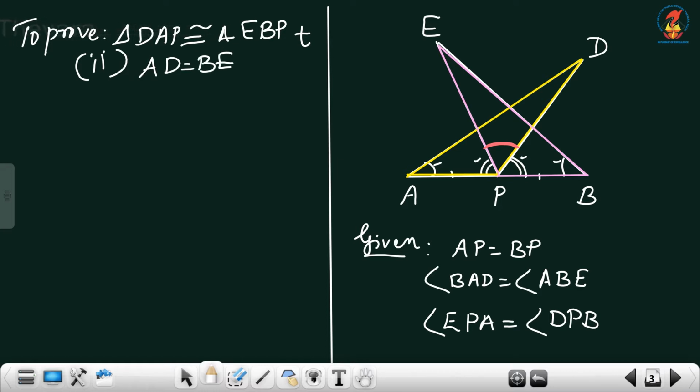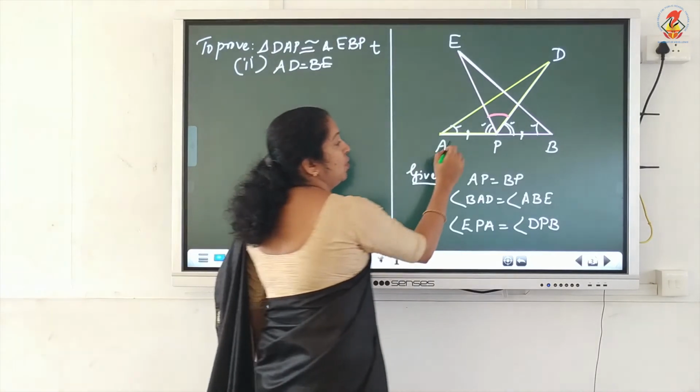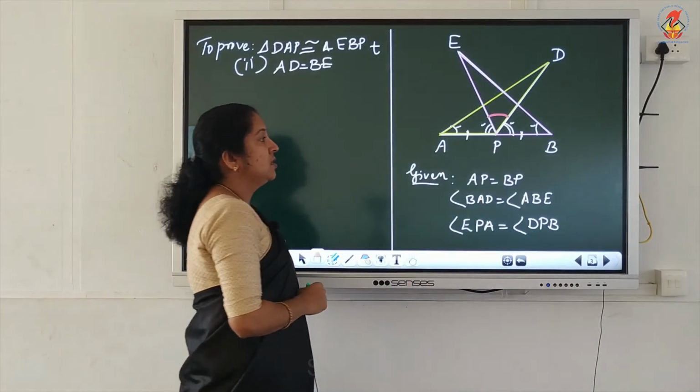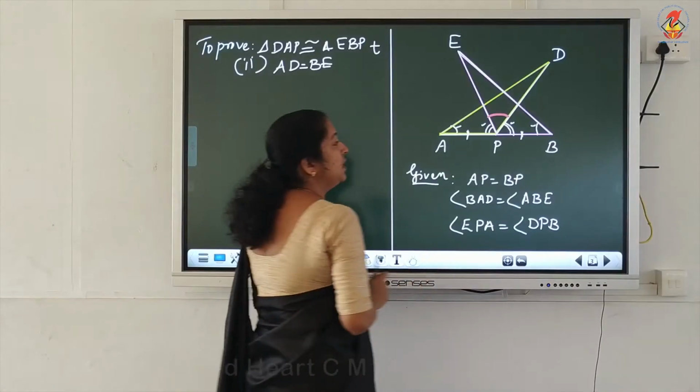After proving the first section, we can say AD is equal to BE using CPCT. So, what is given is P is the midpoint. So, AP is equal to BP. That is one side of each of these. Then, one angle is given, angle A is equal to angle B.